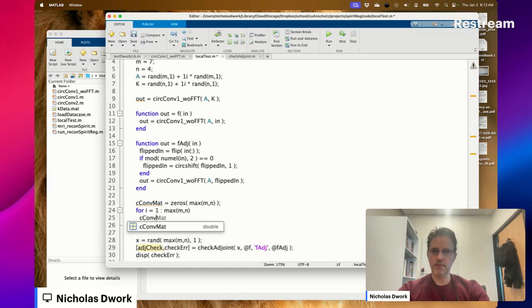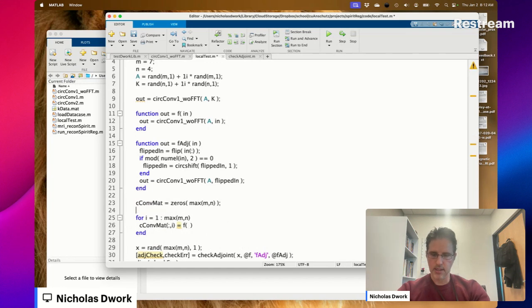So the first column is going to be F of the standard basis. E1 I'm going to say is zeros max mn by 1, and then E1 of 1 is going to equal 1.